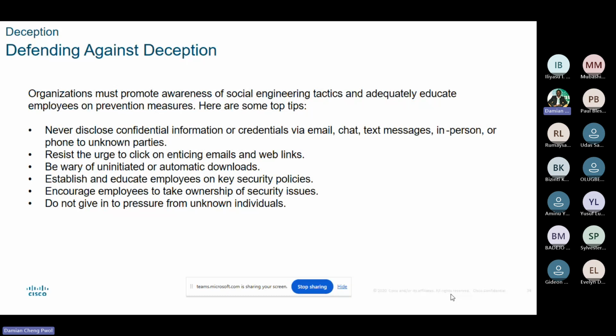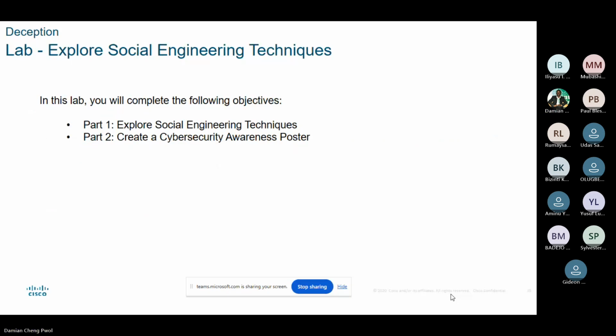The details. Defending against deception. Organizations must promote awareness of social engineering tactics and adequately educate employees on prevention measures. Here are some top tips that organizations need to take note of. This lab is one that I want you guys to look at.